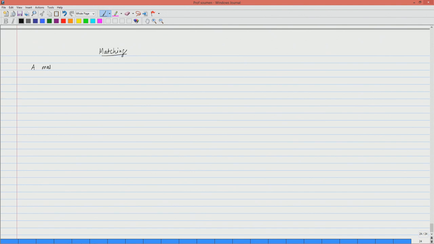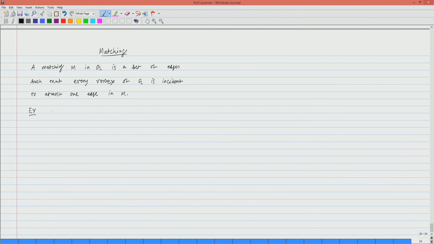A matching M in the graph G is a set of edges such that every vertex of G is incident to at most one edge in M. Let me explain, because the definition should be very clear.